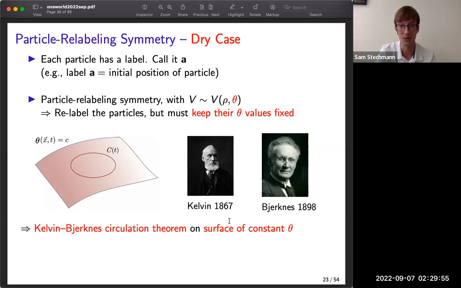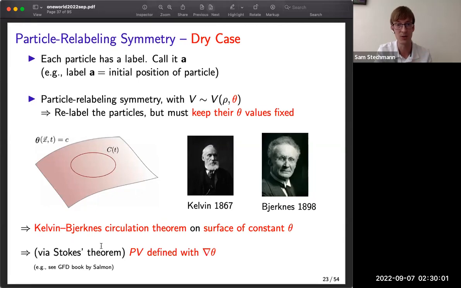And these go way back to a couple of centuries ago. And you can take this another step by using Stokes' theorem, and you can get to the PV conservation law. And so from a simple viewpoint, you could say that this PV defined with grad theta comes from having the Kelvin-Bjerknes circulation theorem and the potential energy with theta here.